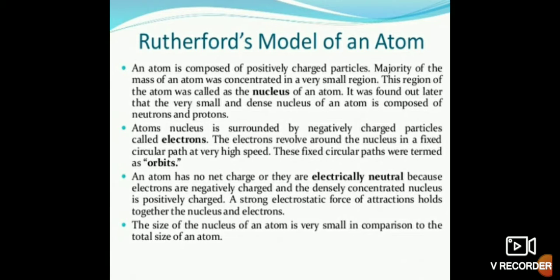An atom has no net charge, or is electrically neutral, because electrons are negatively charged and the densely concentrated nucleus is positively charged. A strong electrostatic force of attraction holds together the nucleus and electrons. The size of the nucleus of an atom is very small in comparison to the total size of an atom.